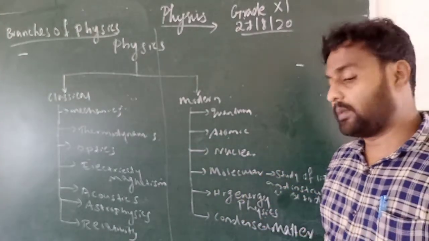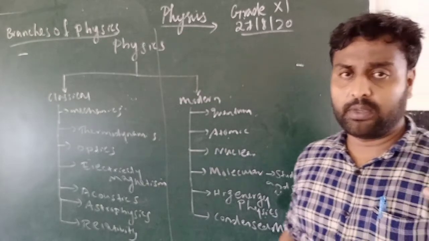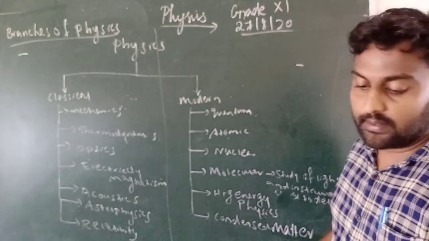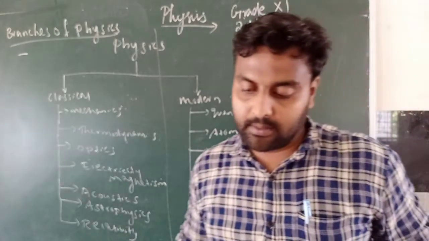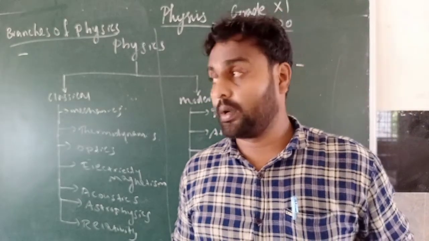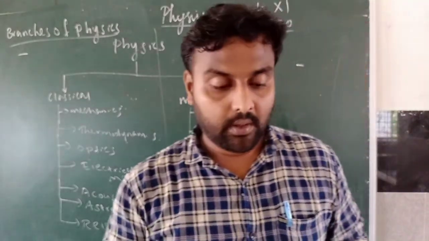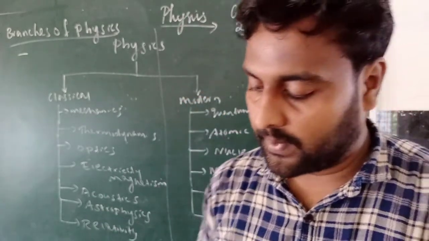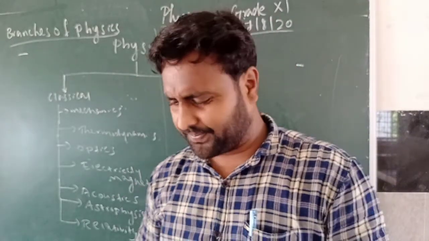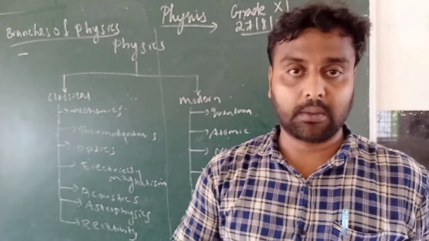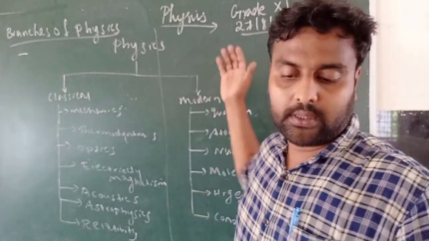Then high energy particle. High energy particle means what? Studying about the nature of the particle. Then condensed matter. Condensed matter means, as I already told, we are studying the properties of solid, liquid and gas. Now next, you can use page number 4 to refer to this part.